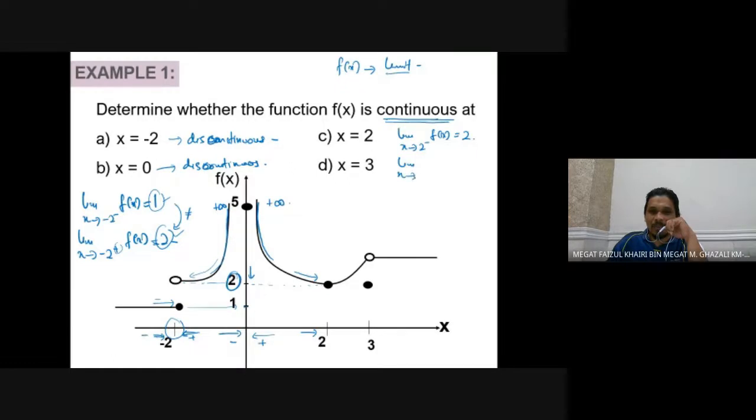And when x approaches 2 from the right side of the function f(x), it also approaches one value of y, which is equal to 2. My question to you: does a limit exist for this case, x equal to 2?